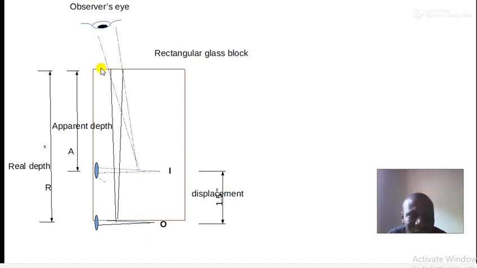The top point of the glass is the interface or boundary face separating glass and air. So that distance from the top surface to the base where the object is, for instance at point O, is called the real depth, as you can see here.